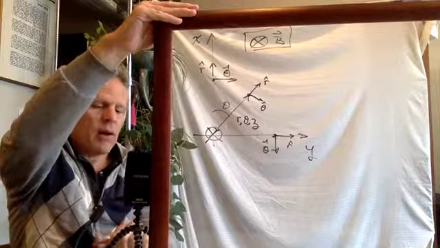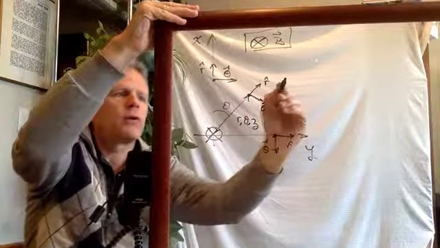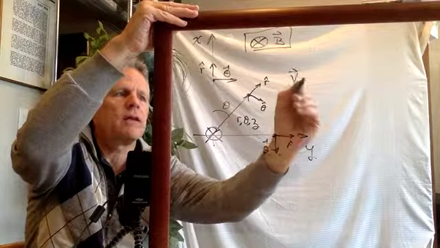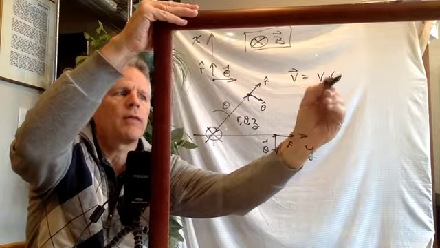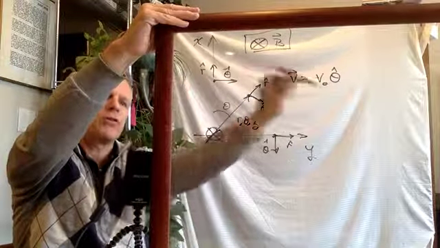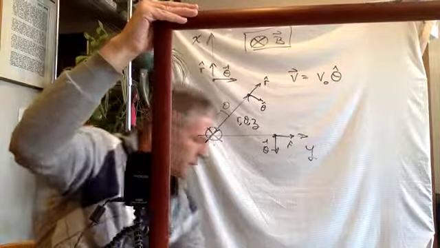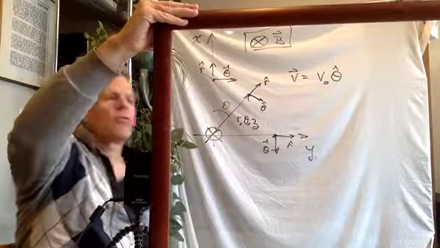So now, in terms of this, what is our initial velocity? Well, our initial velocity is just v equals v0 theta hat, right? There's no component in the r direction. We're going just in this direction. So let me get rid of some of these definitions here.